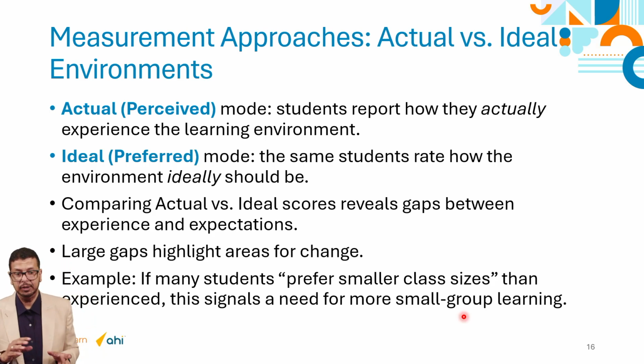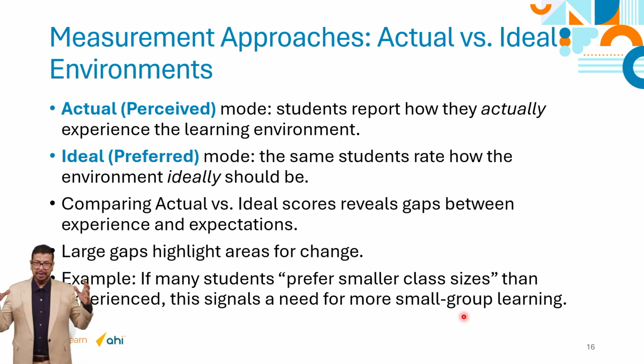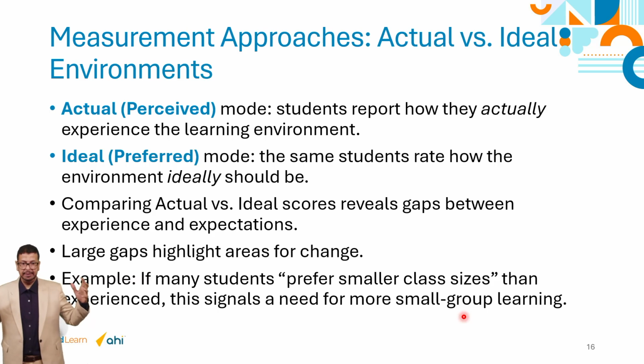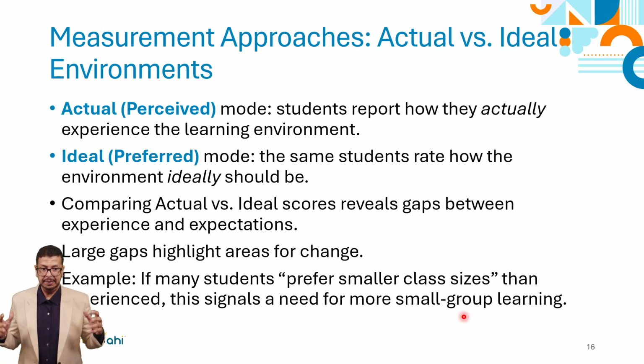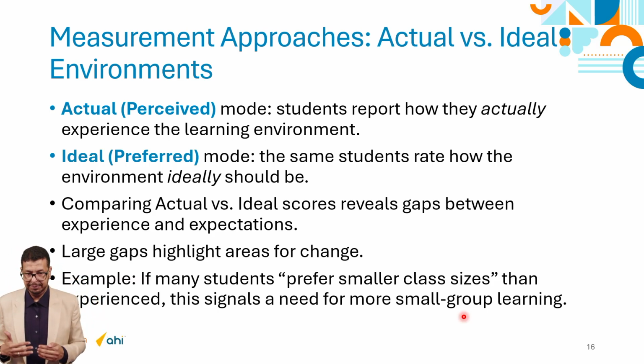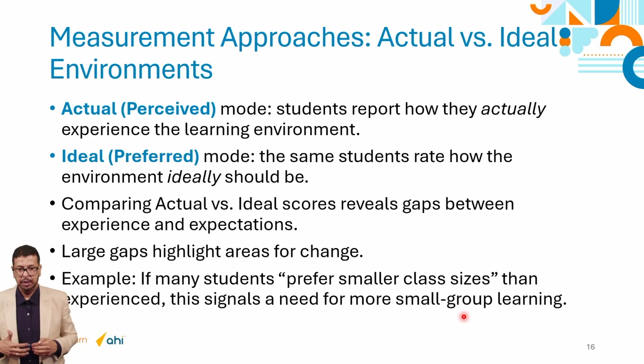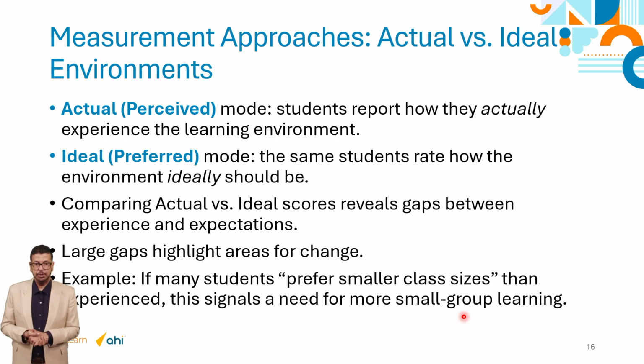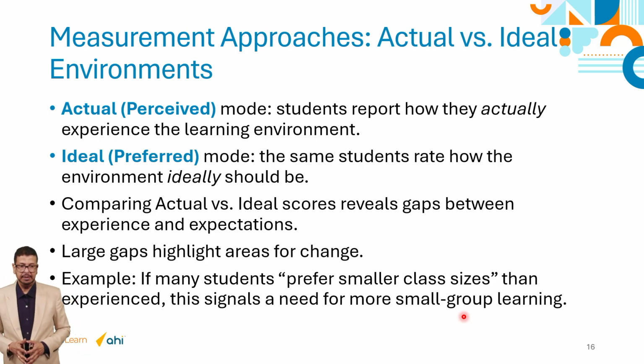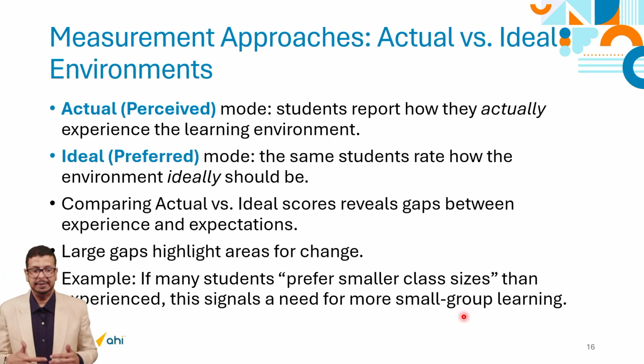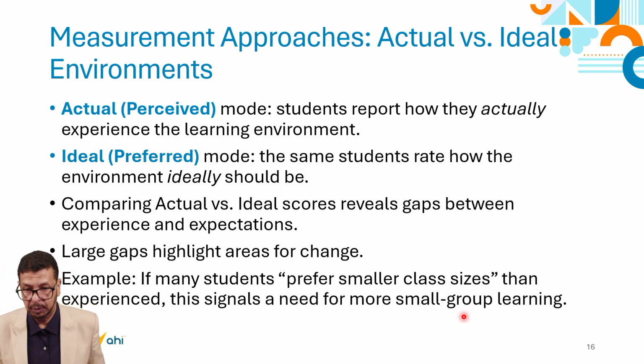Comparing the actual and ideal scores reveals gaps between the experience and expectations. If we find a large gap between experience and expectations, this highlights the need for immediate corrective change. For example, if many students prefer smaller classes than they experience, this signals a need to shift toward small group learning, and so on.